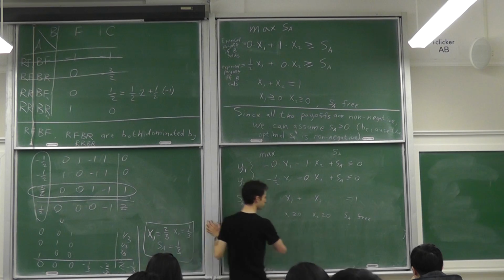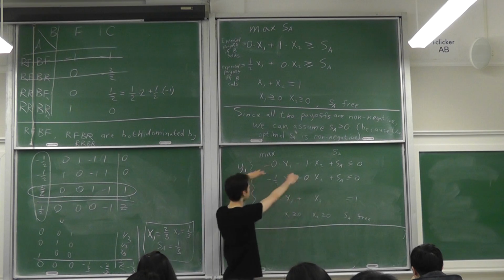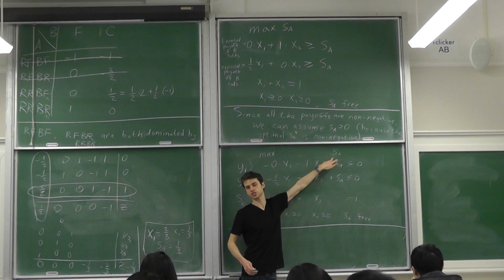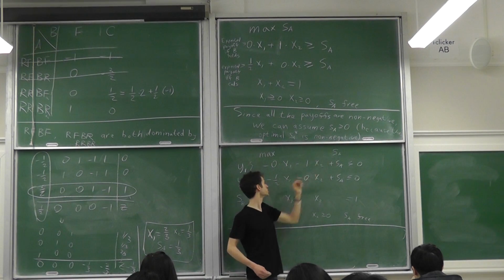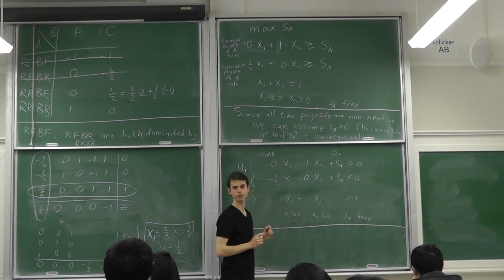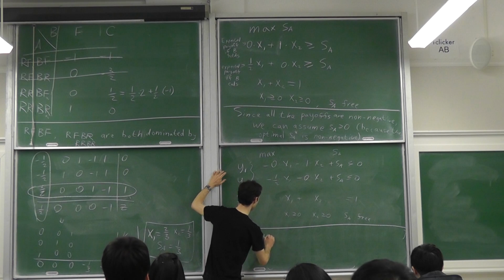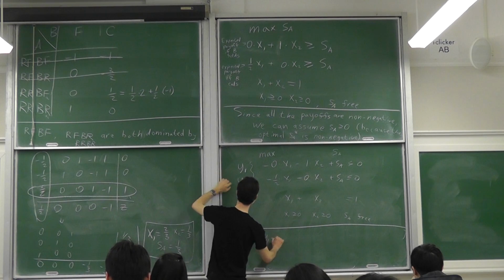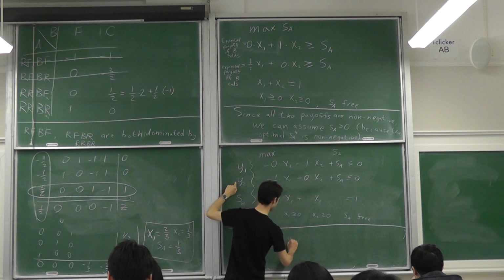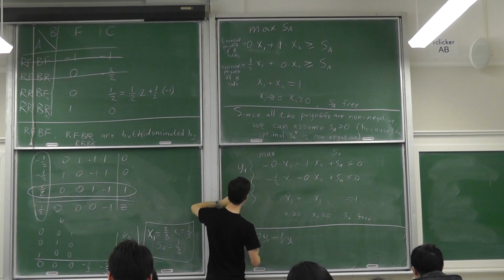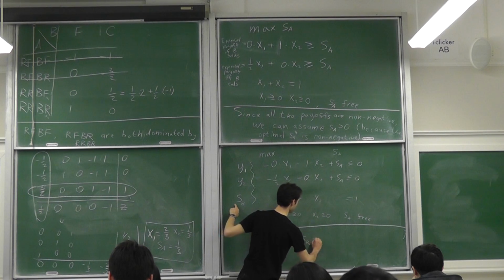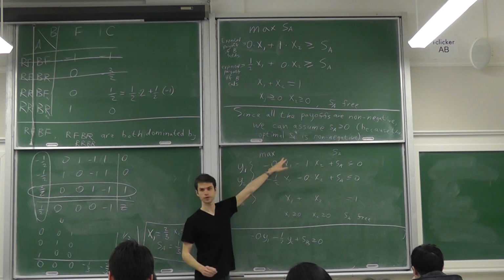What I want to make sure is that once I take this sum, I get something which is as large as SA. So in particular, I want to make sure that the coefficient of x1 is at least 0. So let me write this down. y1 times 0 plus minus 1/2 times y2 plus SB is at least 0.